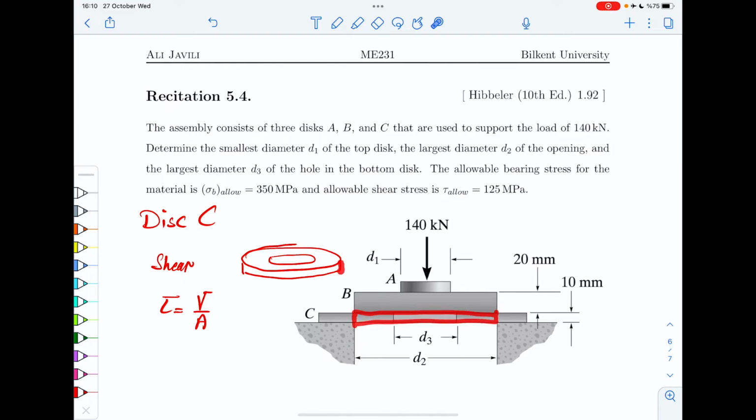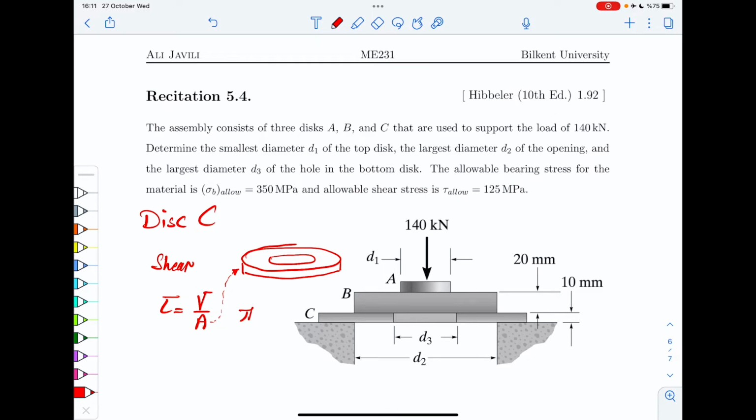Now, what we are interested in are the shear stresses on these two sides. I didn't draw the remaining part. That's not interesting, but only for these two sides. So what I call area is that area surrounding that, which is pi times diameter times thickness.